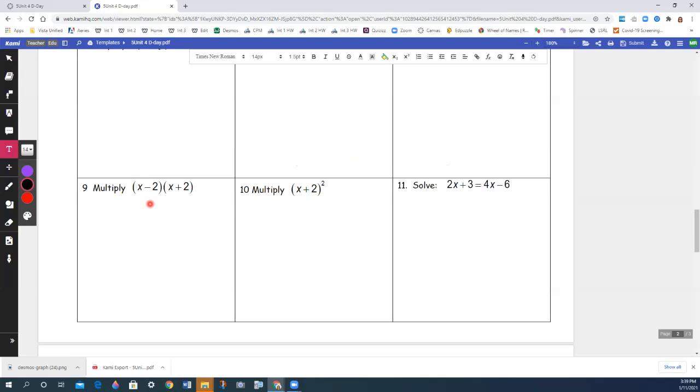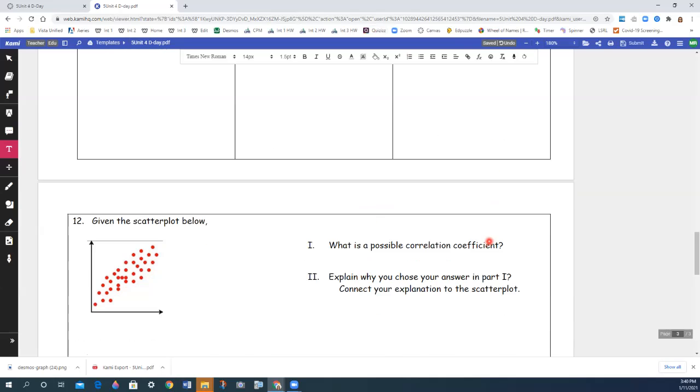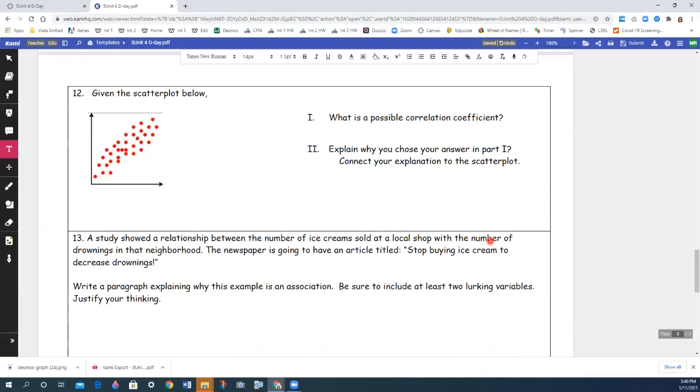And again, this is an area model, and you might want to rewrite this. This is really the quantity x plus 2 times the quantity x plus 2, and then you can do an area model. And here we're solving for x. Here we're looking at the scatter plot and answering these questions.